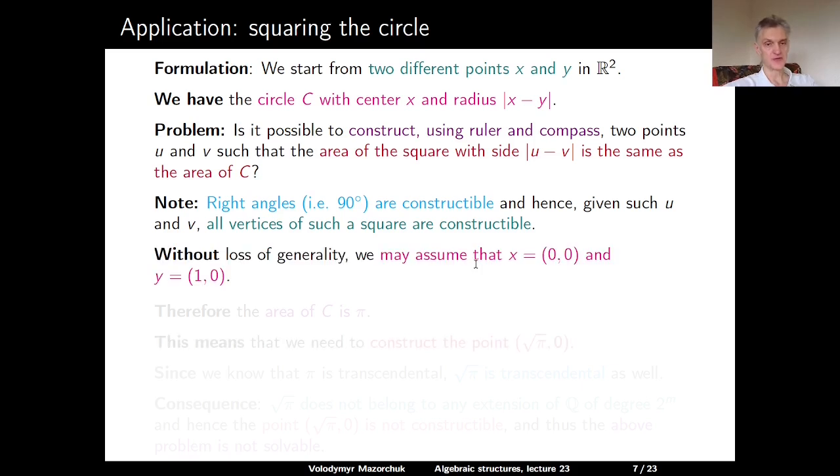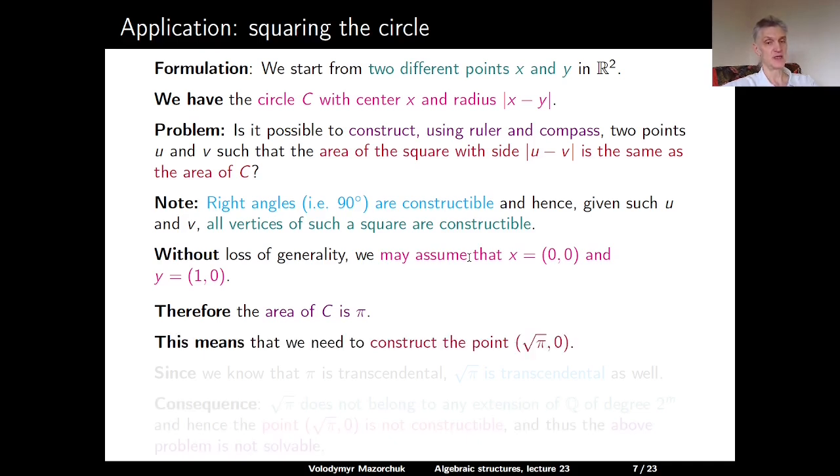So without loss of generality, of course, we may assume that x is the origin of our coordinate system and y is the point 1, 0, because we can rescale the coordinate system. Therefore, in this case, the area of C is pi, so our circle C has area pi.